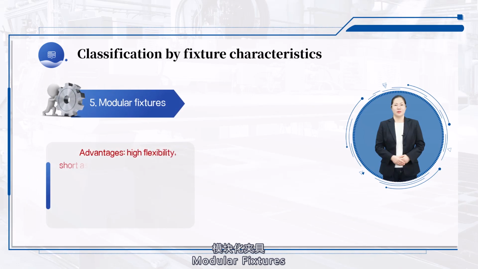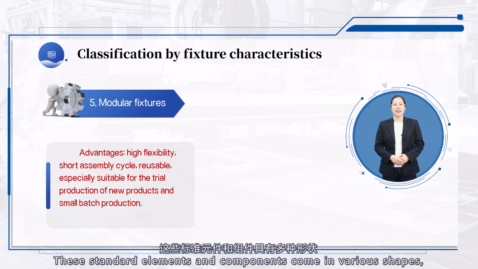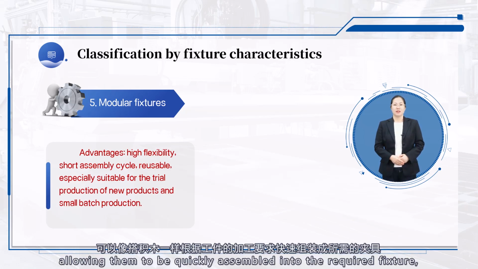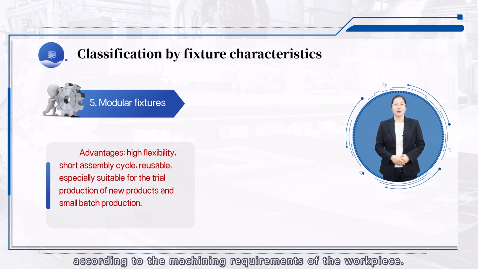Modular fixtures. Modular fixtures are fixtures assembled from a set of pre-manufactured standard elements and components. These standard elements and components come in various shapes, sizes, and functions, allowing them to be quickly assembled into the required fixture, much like building blocks, according to the machining requirements of the workpiece.